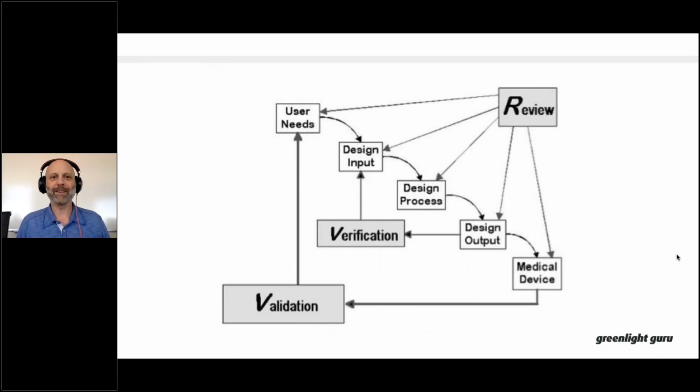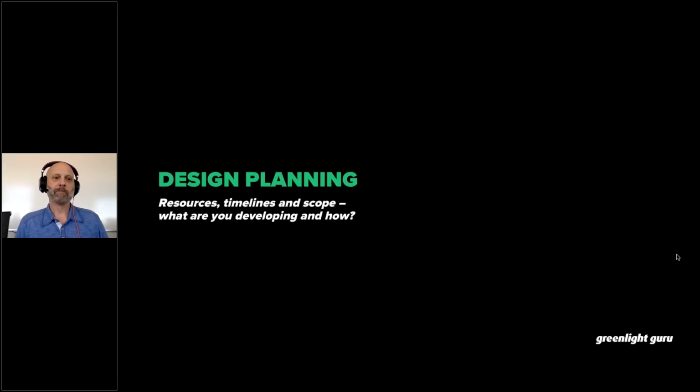This diagram is intended to show the representation, the flow, if you will, of how user needs relates to inputs, relates to outputs, relates to verification, relates to validation and design reviews and all that sort of thing. It is just a schematic to describe how things are connected. I'm going to use that as a basis for a lot of what we're going to go through today, because again, FDA and ISO say the same thing when it comes to design controls and design and development.